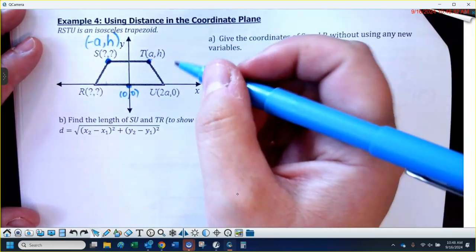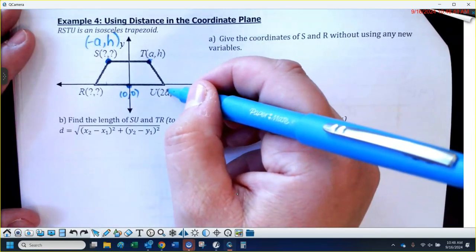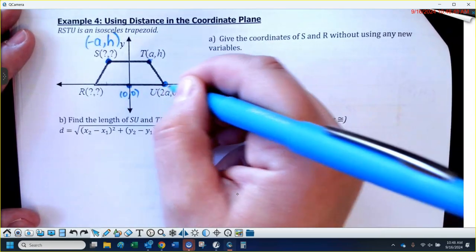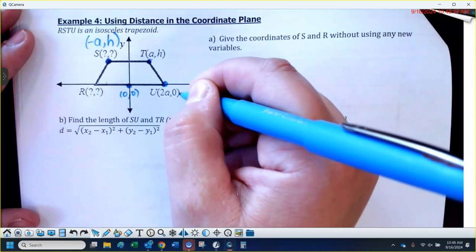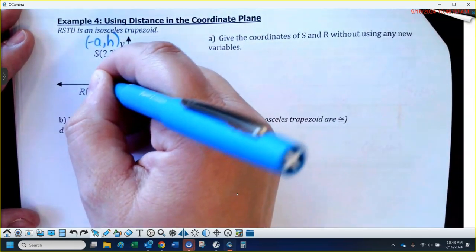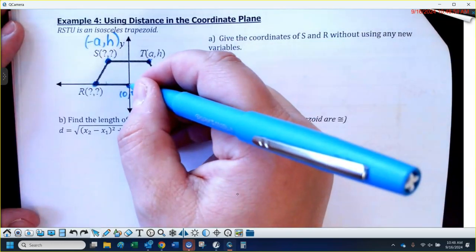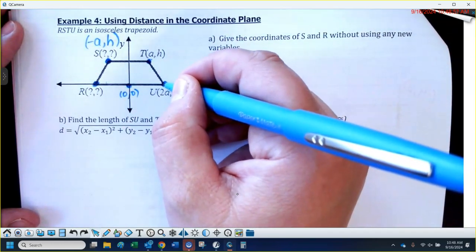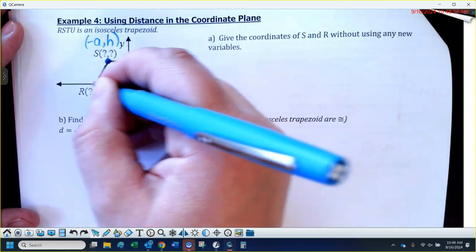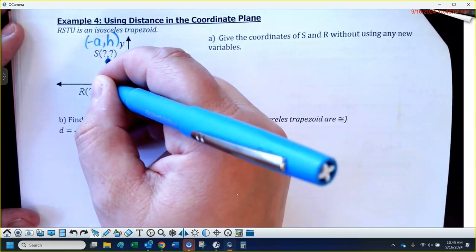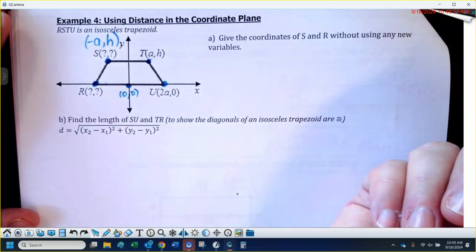That's it. All right, so super similar. If this point here, this is the point U, this is 2A, comma 0. Does anybody know what the point R would be labeled? So this one, I'm going right 2A, and then I don't go up or down. This one I'm going left and I don't go up or down. How would I label point R?